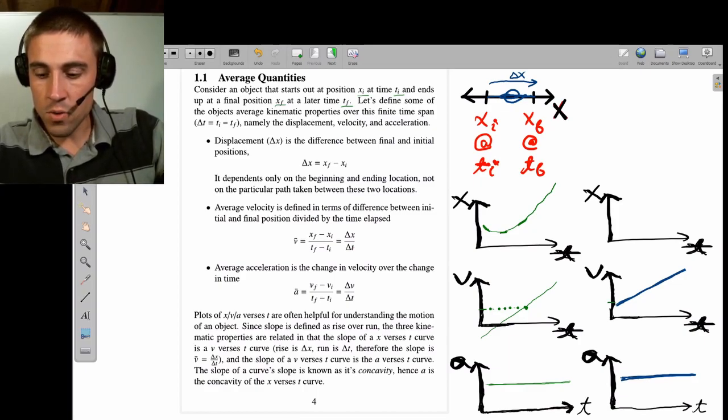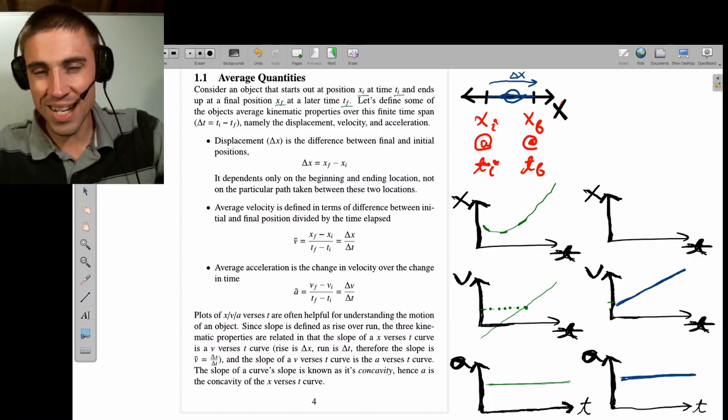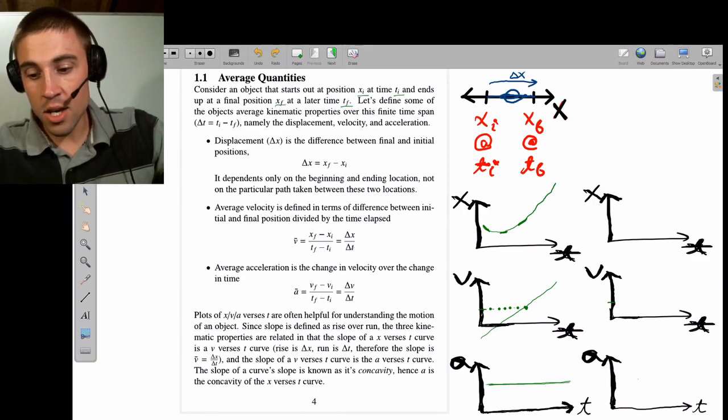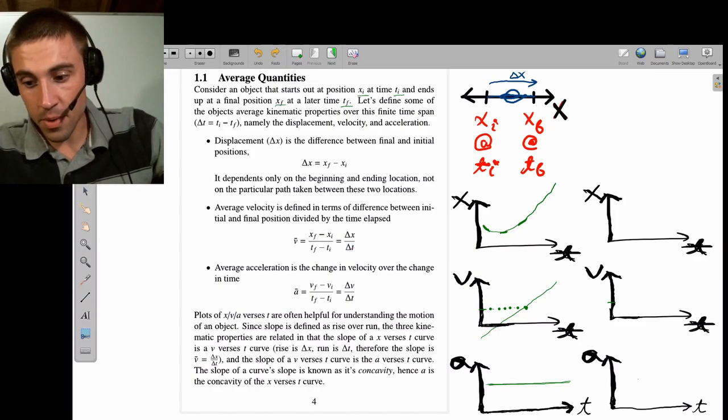So if you look over at the green lines that I've already drawn here, you'll see that I drew a position versus time curve that looks something like a parabola. It's supposed to look like a parabola, at least. The thing to note about this is that the slope of that position versus time curve is changing as time goes on.